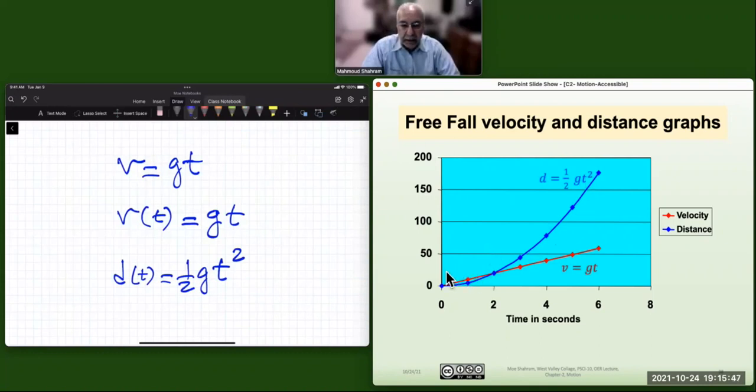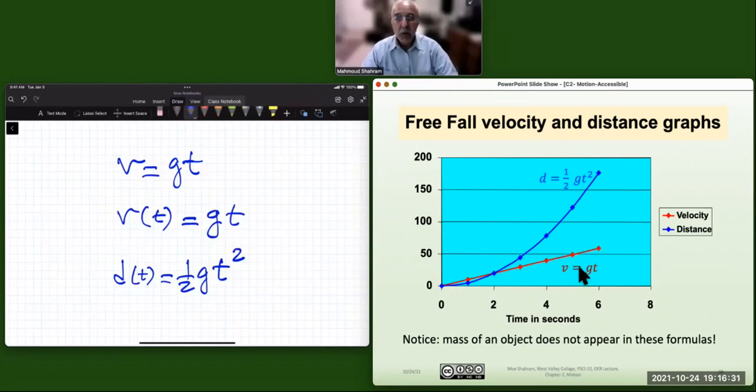T squared, the function is a parabola, and this function shows in this graph. The linear function, v equals gt, shows a linear line in the same graph. So whenever you see a graph like this, if it is a parabola for the distance, you know this is a free fall situation. Again, there is no mass showing up in any of these formulas, so it's independent of the mass of the object.